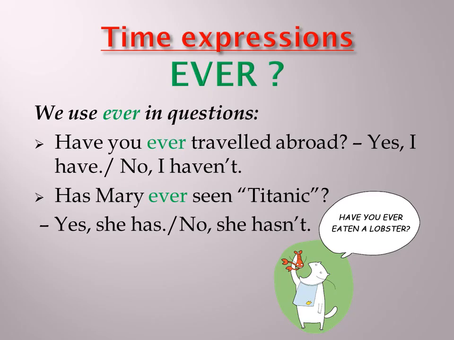Now let's study time expressions. Ever. We use ever in questions. Read the examples. Have you ever traveled abroad? Yes, I have. No, I haven't. Has Mary ever seen Titanic? Yes, she has. No, she hasn't.